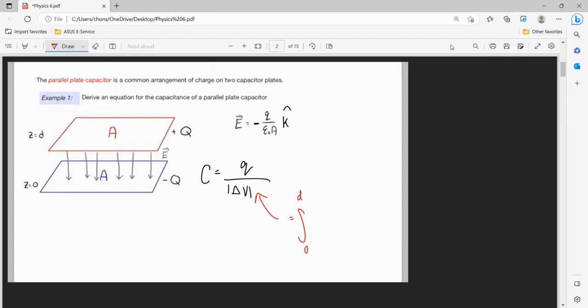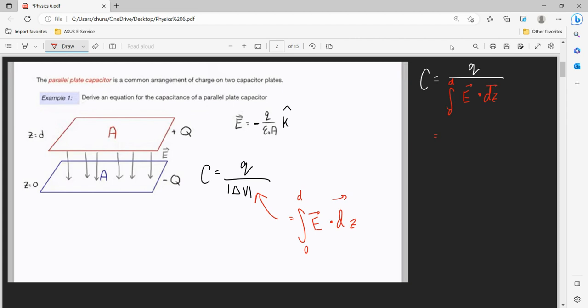Those are our separation distances. It's E dot ds, but instead of s, I'm going to put z because we are only traveling along the z axis. Okay, so now when we write capacitance, this is charge over our integral.